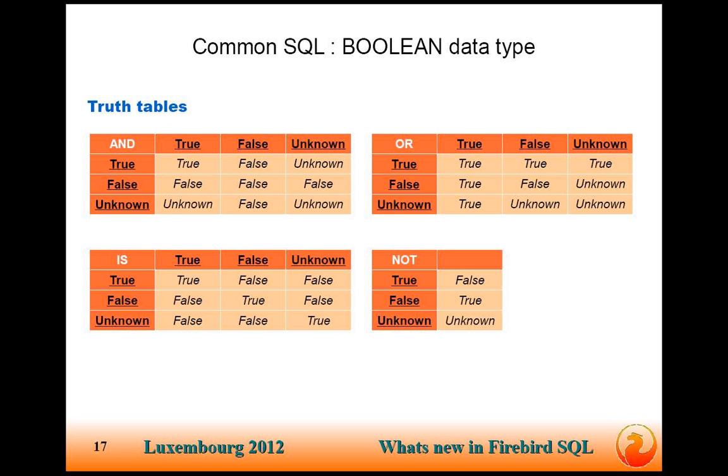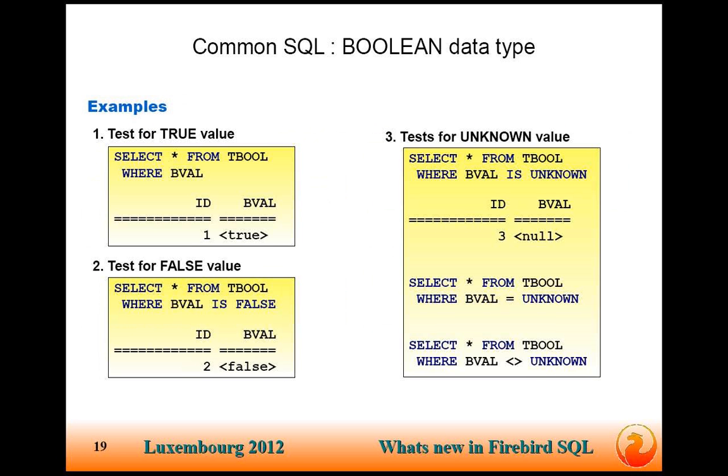When we produce the rows, this unknown is evaluated by the engine to false, and if in the where condition we have unknown, you see the third example here, bval is equal to unknown itself produces an unknown value. But when the engine produces the rows, it filters out the rows. It can't work with unknown. It should work with true and false. And any comparison with unknown or any comparison with null is false.